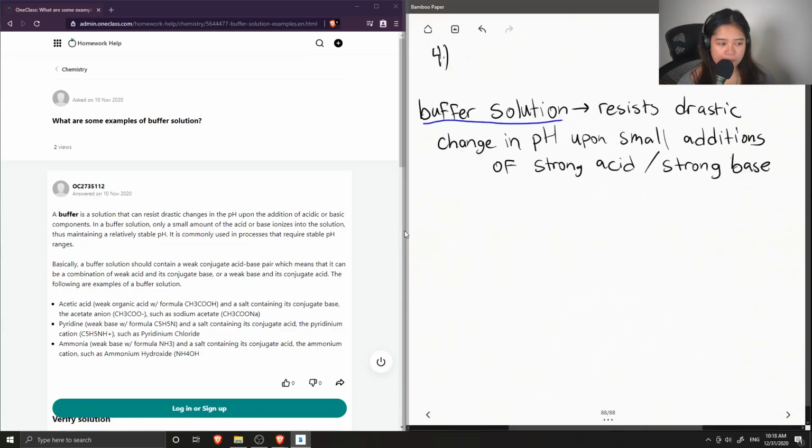So we can have different buffer solutions.